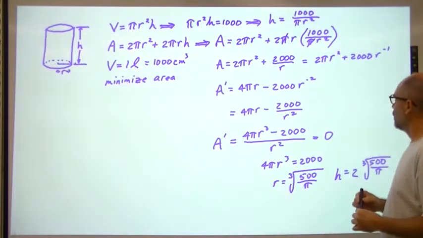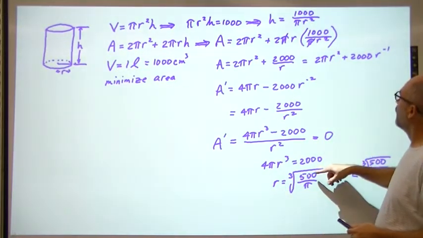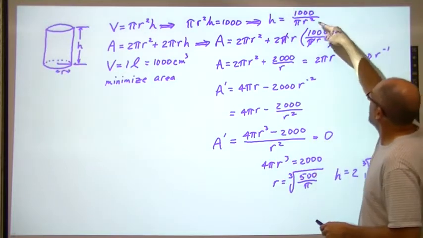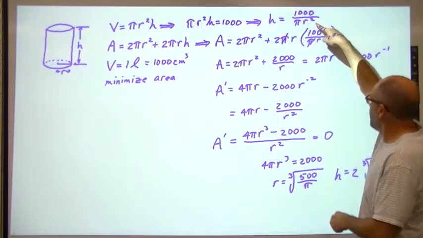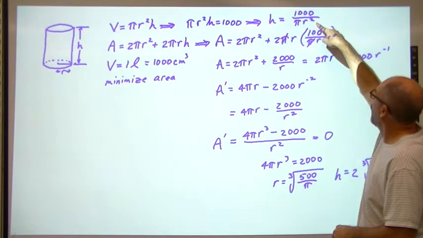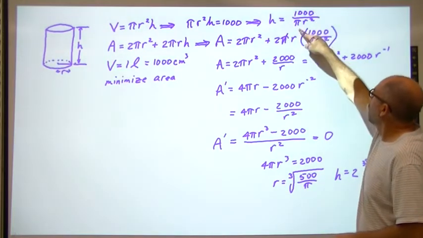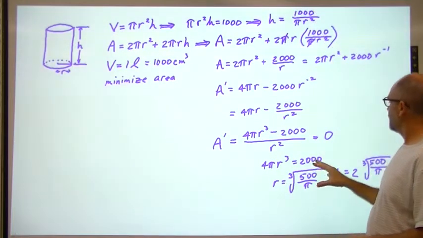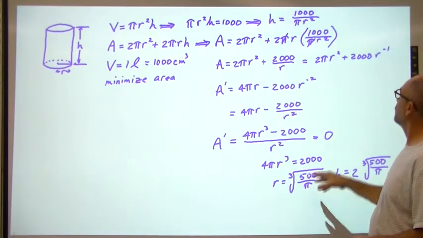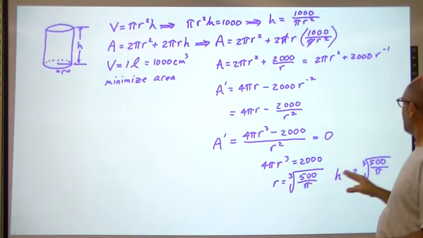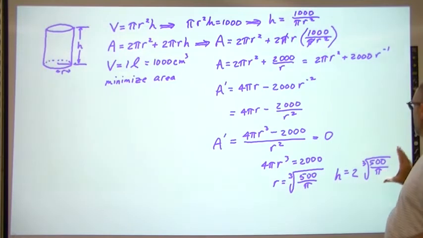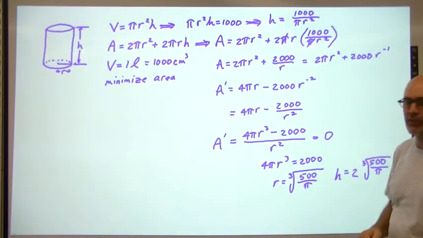Basically what we would do if we wanted to verify that is we would plug in the cube root of 500 over pi in for r. So you have 1,000 over pi times cube root of 500 over pi squared, and then you simplify that and you get 2 cube root of 500 over pi.